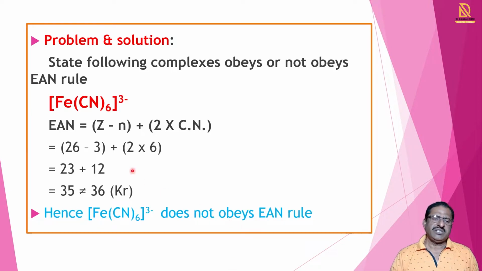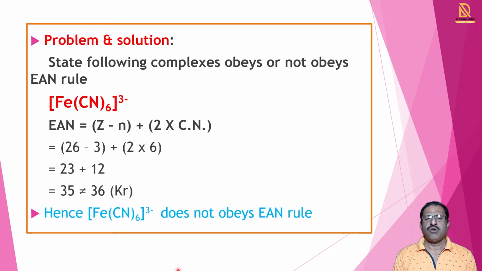So we take the first example, Fe(CN)6 3 minus. We solve these examples by taking the formula EAN is equal to Z minus n plus 2 into coordination number. Fe has atomic number 26. In this example, there are 6 CN ions and the charge on the complex ion is minus 3.